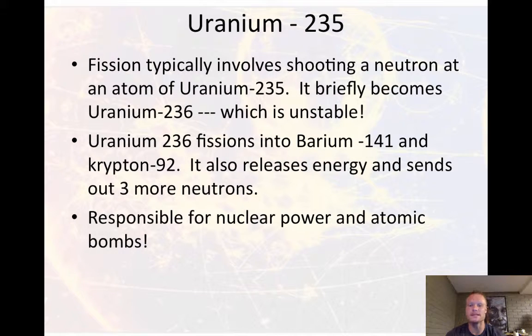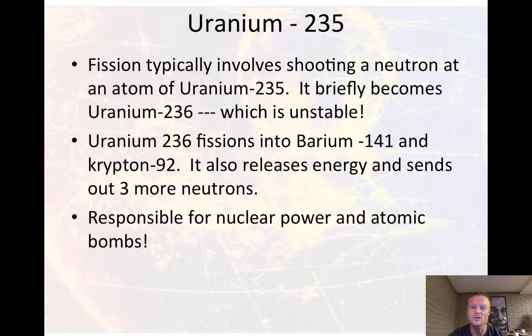Typically for nuclear power plants, they use something called uranium-235. Uranium-235 is not real stable to start with, but what nuclear physicists do is shoot a neutron into the atom of uranium-235. With one more neutron, it now becomes uranium-236, which is super unstable.